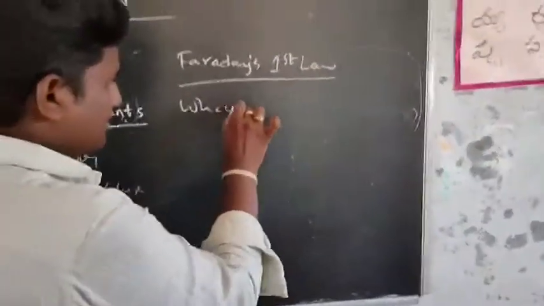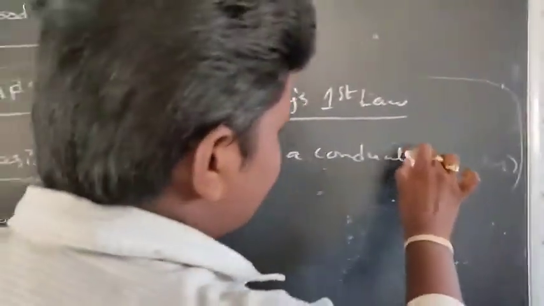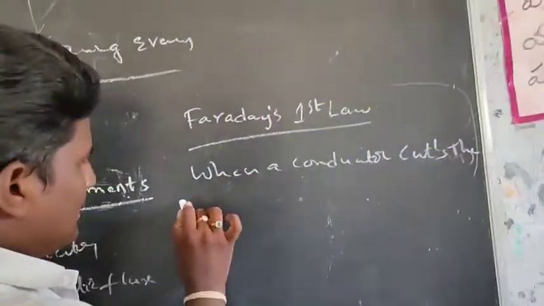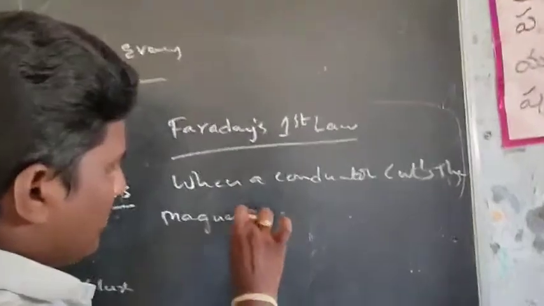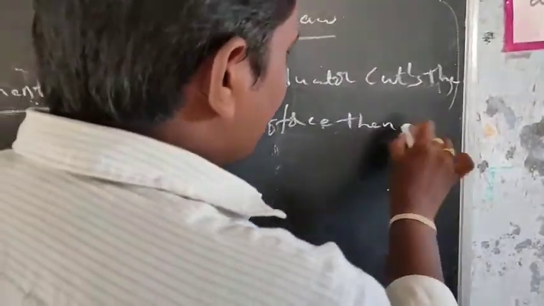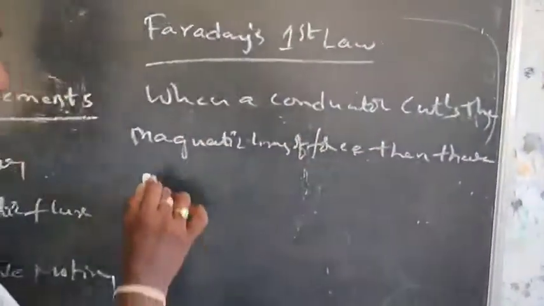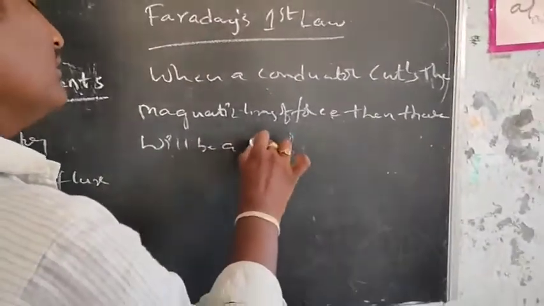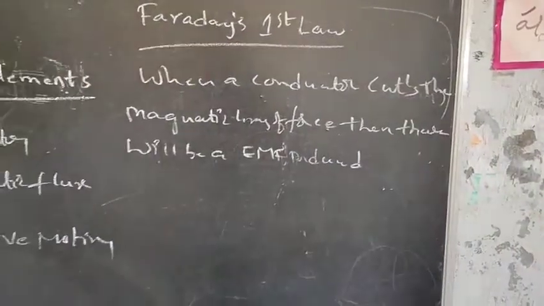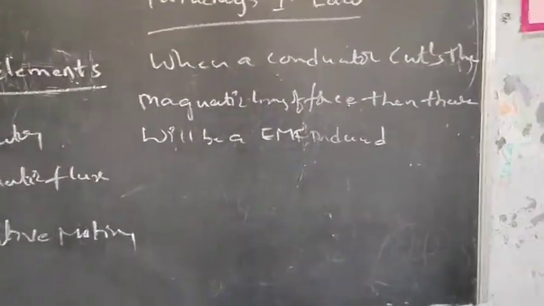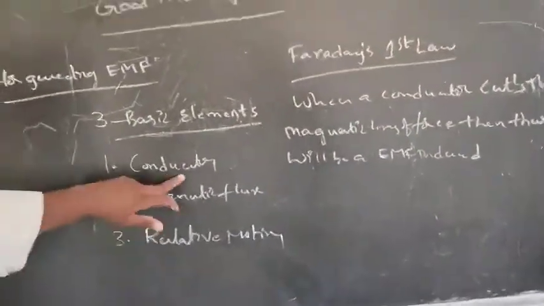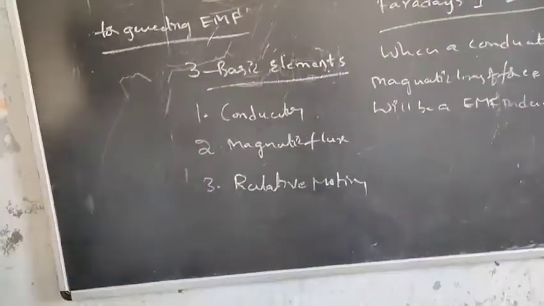Faraday said that whenever a conductor cuts the magnetic lines of force, then there will be an EMF induced. What are the basic elements? The conductor, magnetic flux, relative motion.